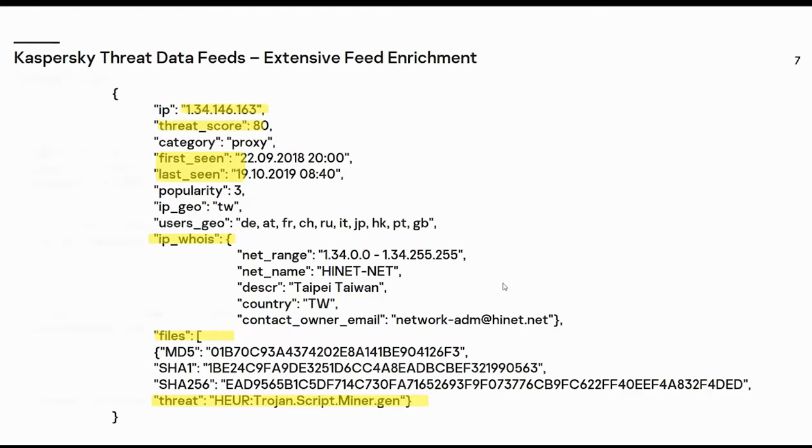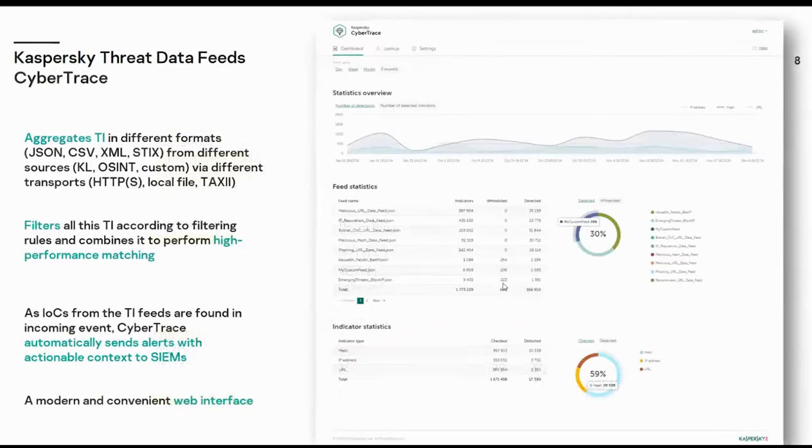Now, on the other hand, this would help you to visualize and have a better understanding of how the stream of activities in the organization is running, how the threat intel consumed by the organization is distributed, what value it brings into the organization, and whether or not it is needed.